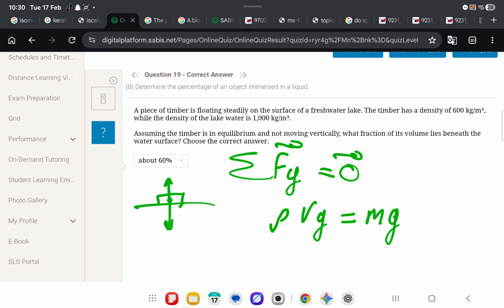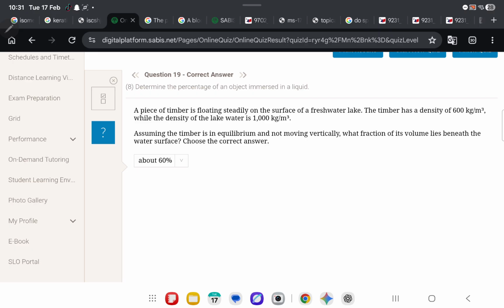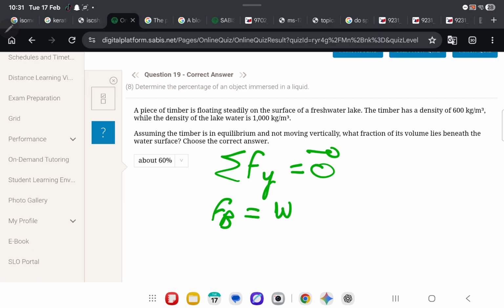So sigma Fy is equal to 0. Okay, so then you say the upthrust, or FB, the buoyant force, is equal to the weight, right? And you know that the weight is mg, and m is rho v. So it's going to be rho vg equals rho v g, because w is mg. Now here's what's different.